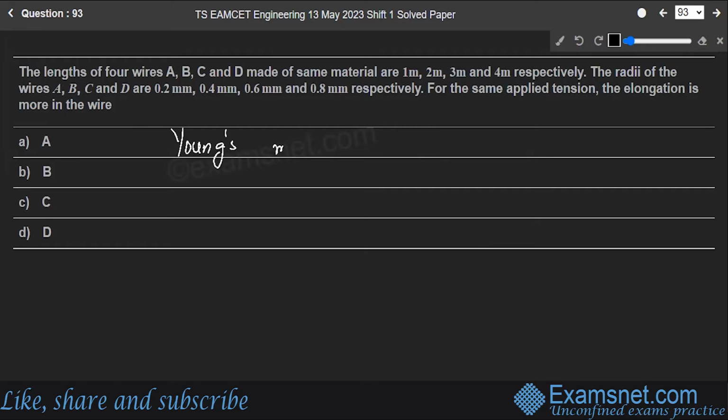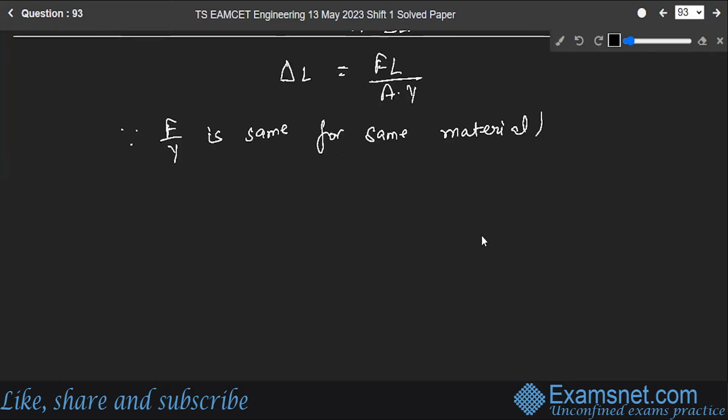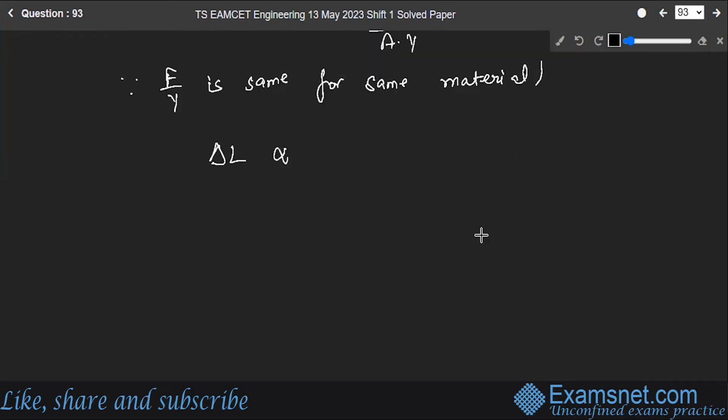Young's modulus of elasticity is given by Y is equal to force into length upon area into change in length. So change in length is given by force into length upon area into Young's modulus. Since F upon Y is the same for the same material, the change in length will be directly proportional to length and inversely proportional to area.